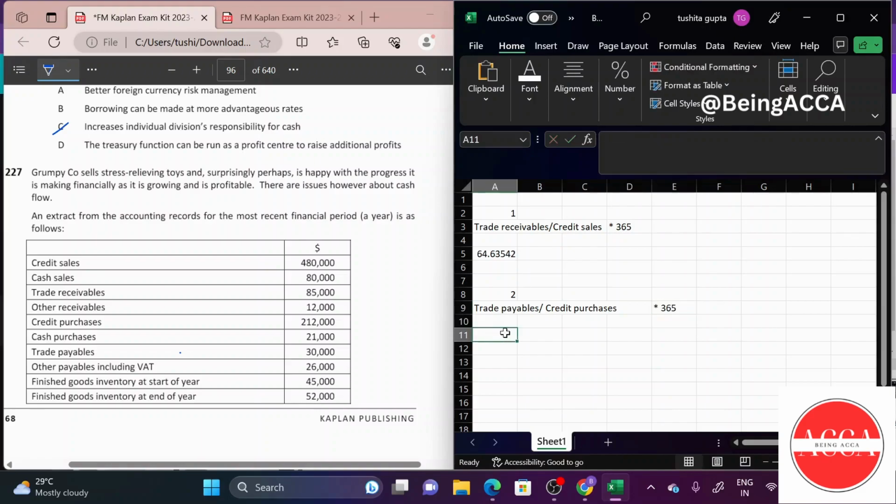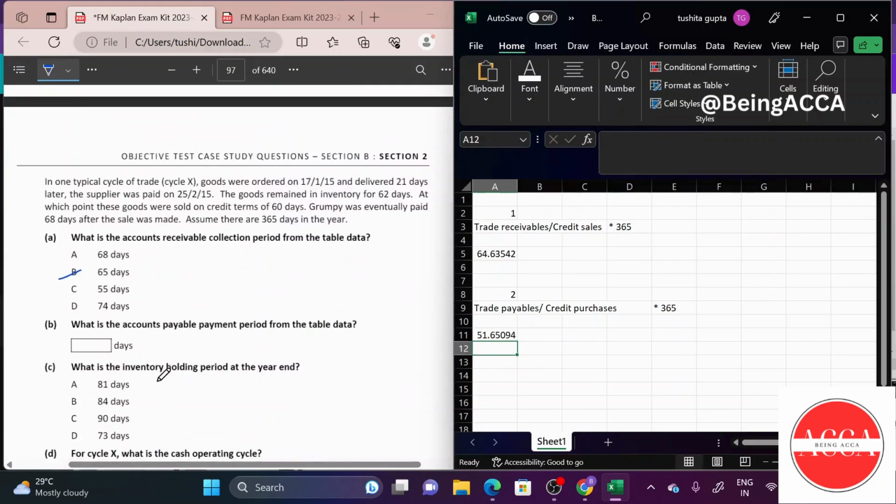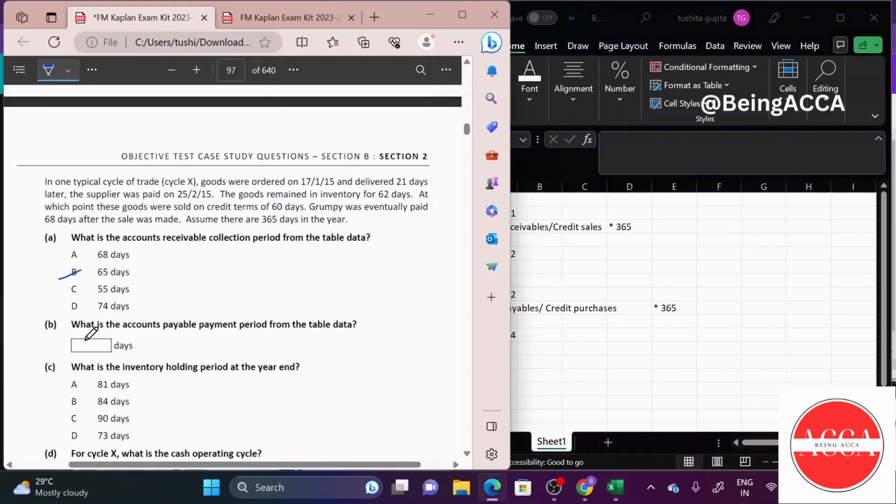We have trade payables of 30,000, and we divide that by credit purchases of 212,000, multiplied by 365. These are very simple questions, aren't they? So this will be 52 days, because we want to give the nearest number of days.